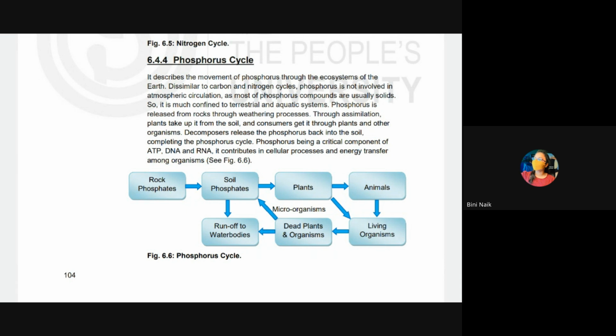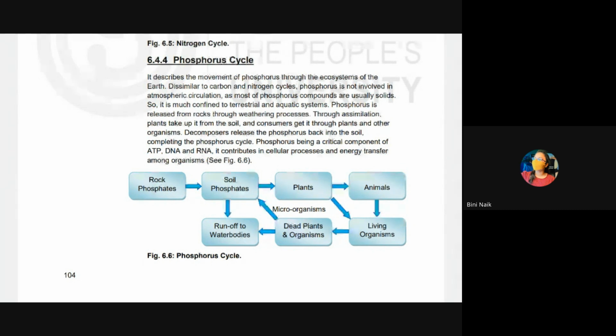If the parent rock is hard, the formation of soil will take a very long period of time. If the parent rock is, let's say, sedimentary rock, the soil formation process will take a lesser period of time as compared to hard rocks.